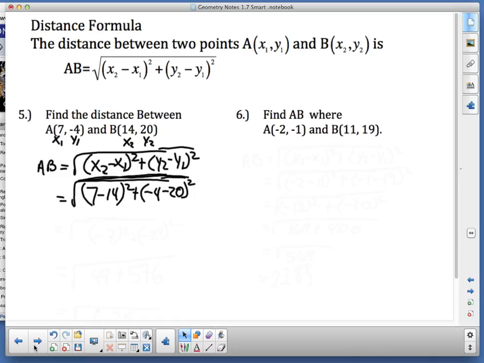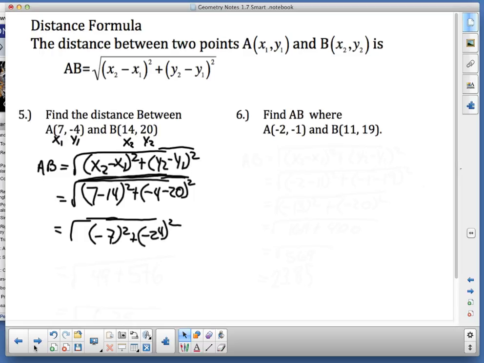After you plug them in, you evaluate according to the order of operations. 7 minus 14 is negative 7. Negative 4 minus 20 is negative 24. I've got those squared. After I square them and add them together, my final answer should be larger than the individual squared answers separately.